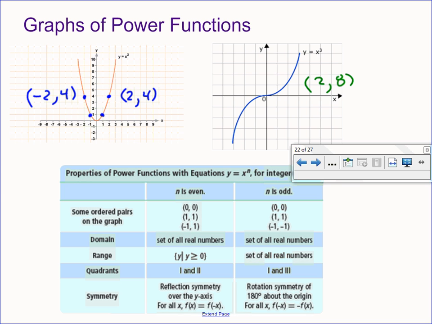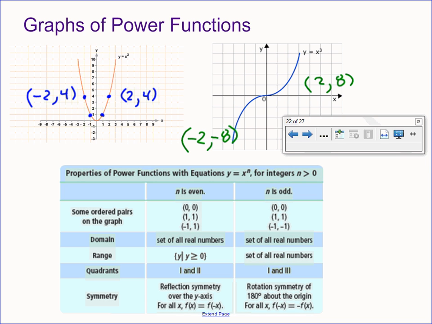If I spun this 180 degrees about the origin, rotational symmetry, then I know it would fall upon its own image. What other point must be on here? Negative 2, negative 8. The domain and range are all real numbers for an odd power function because they go forever in both directions towards positive infinity and negative infinity.